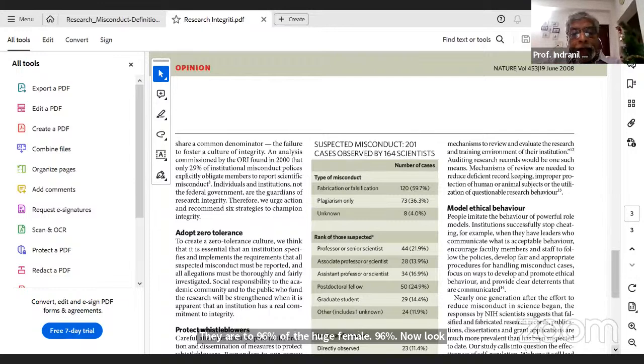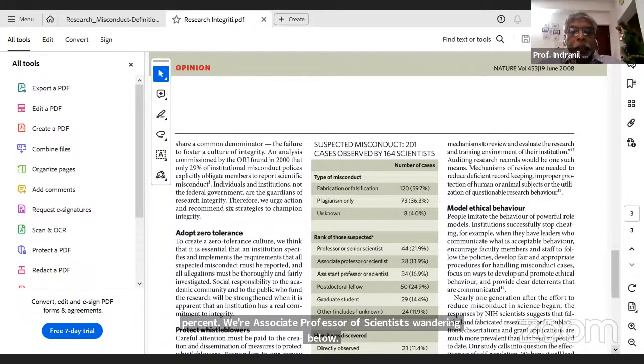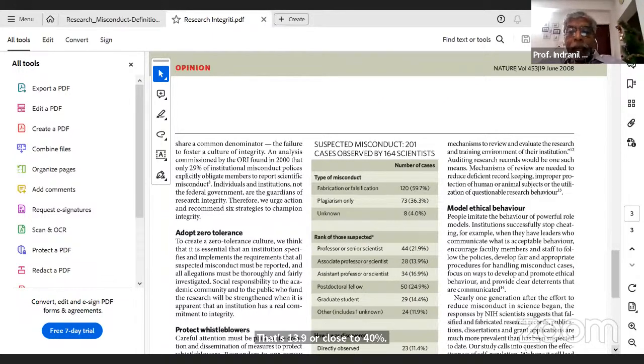Now look at the rank of those suspected. Professor or senior scientist, 21.9%, close to 22%. Full professors or senior scientists. Associate professor or scientist, one rank below, that's 13.9 or close to 14%. Assistant professor, 16.9, that's 17%. Very interesting.